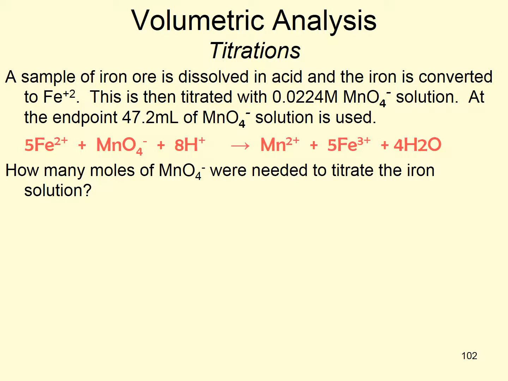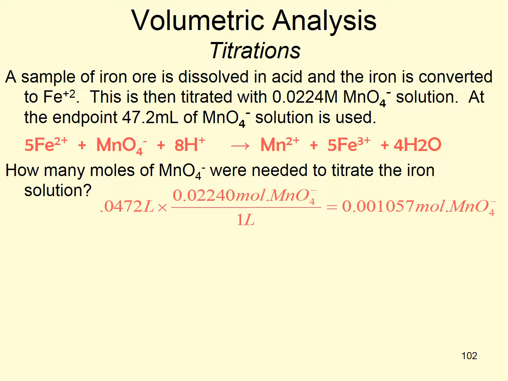So the first thing we're going to do, they're asking how many moles of MnO4 negative were needed to titrate the iron solution. Well, we knew that we used 47.2 milliliters, and the concentration is 0.0224 molar. So if we multiply those, first convert milliliters to liters and then multiply, we get 0.001057 moles of MnO4 negative were used.